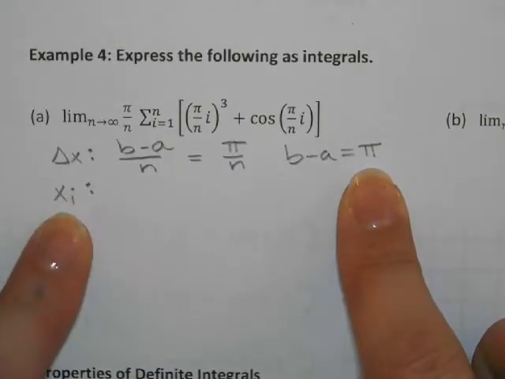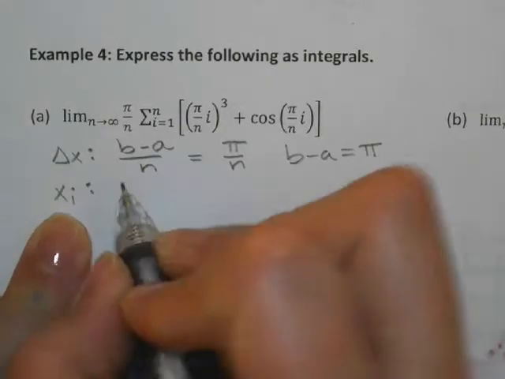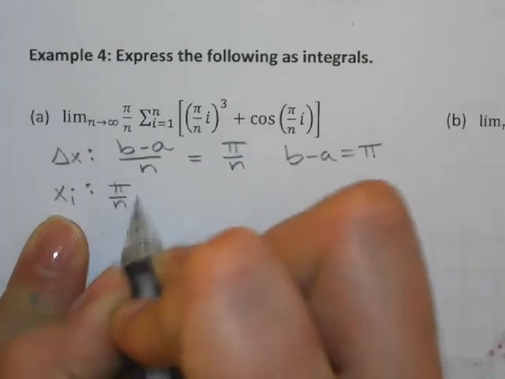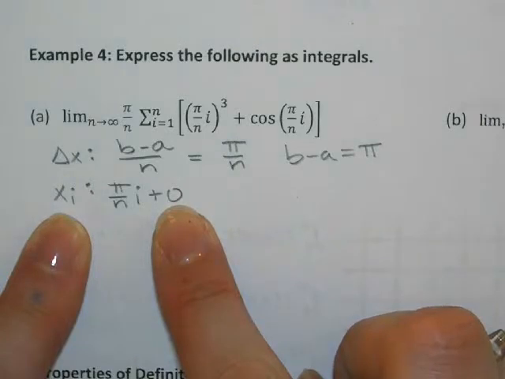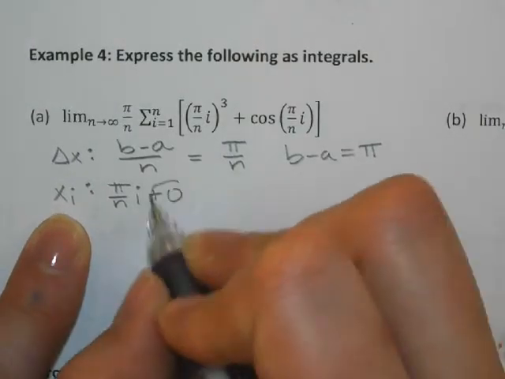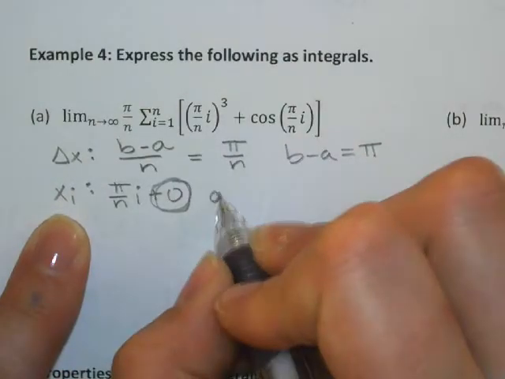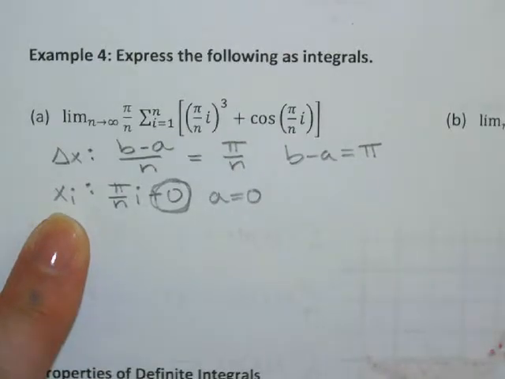The second part is we can look at the xi, and we have pi over n i plus 0. That's why they didn't write anything after it. So this plus 0 right here tells us that our a value is 0. That's why we have to look at the two things together, because we have to know if the a value truly was 0, or if it was negative pi, or 4 pi or something like that.